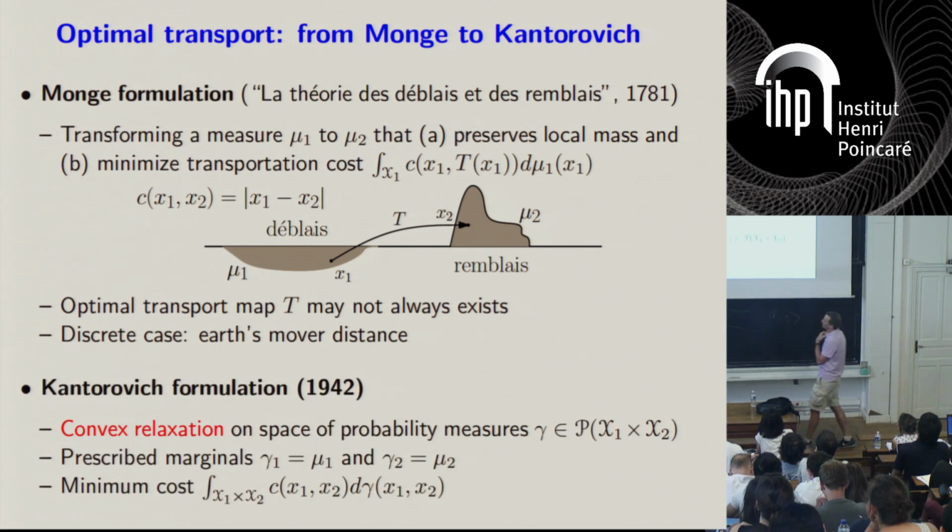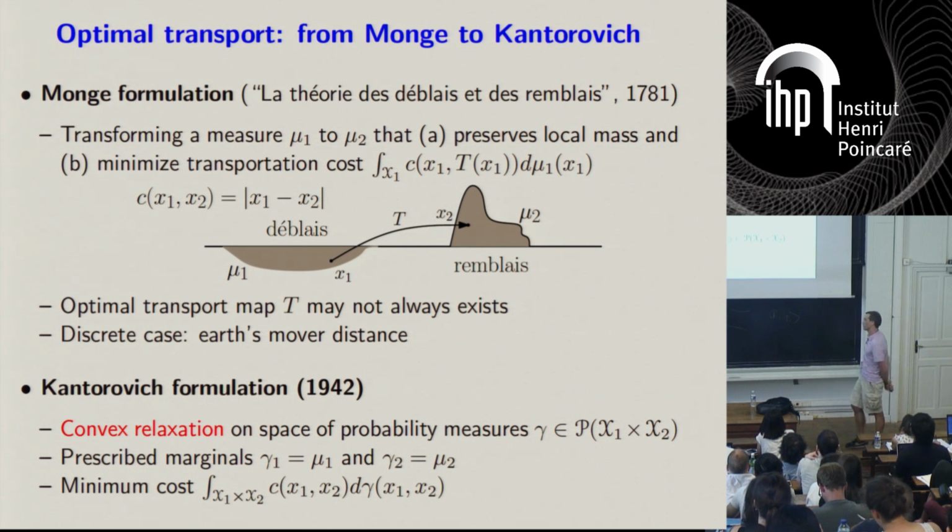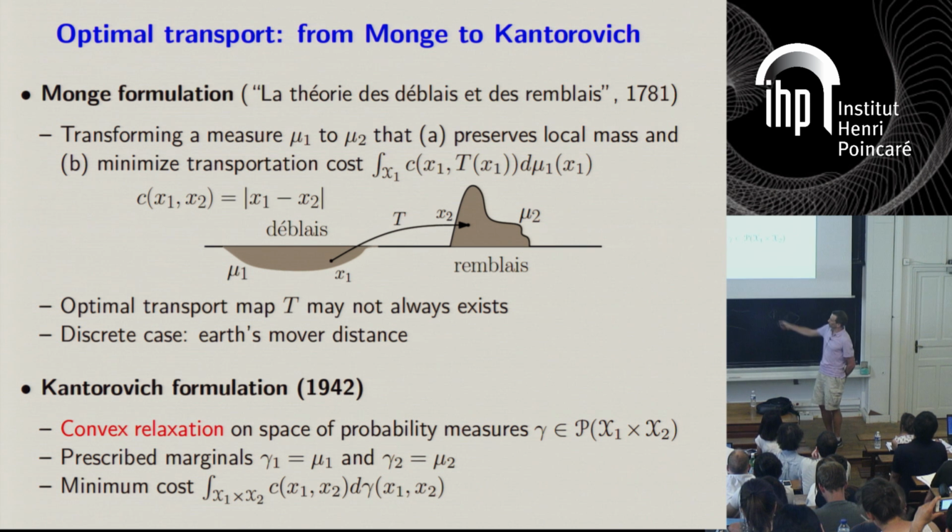One nice way, because this map does not always exist, is a nice relaxation by Kantorovich, which instead of trying to find a map from there to there, formulates the problem on the space of product measures. So you take your two sets, x1, x2. You define a joint measure gamma. You want the marginals to be correct.